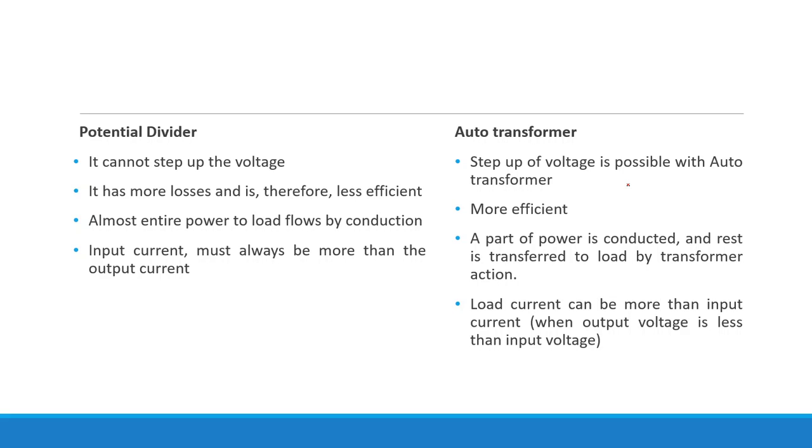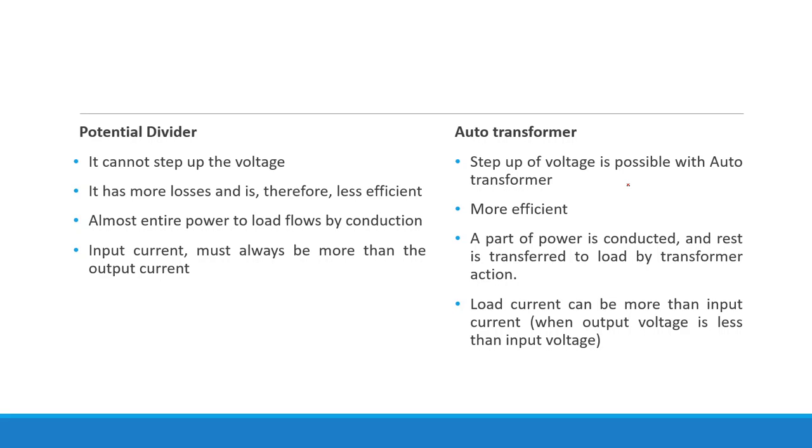Try to recall the principle of the two winding transformer, where the complete power was transferred due to transformer action only. It is not due to conduction. Please remember this point. So we are trying to identify the circuit shown here.